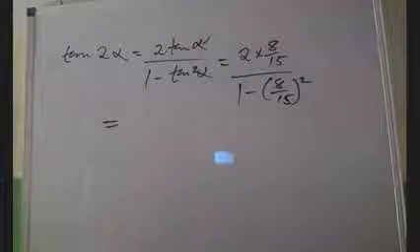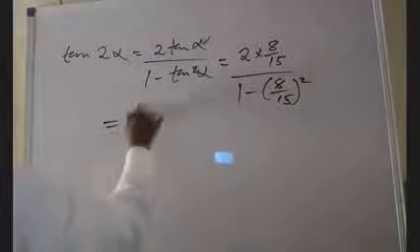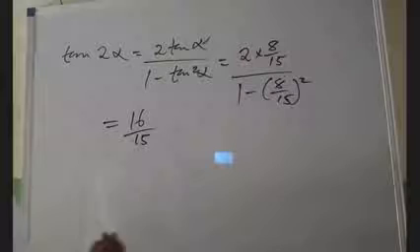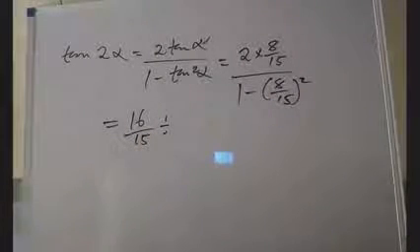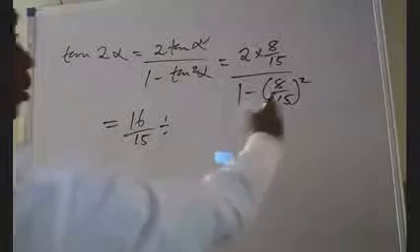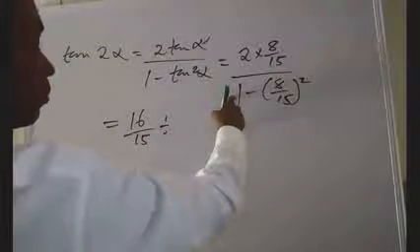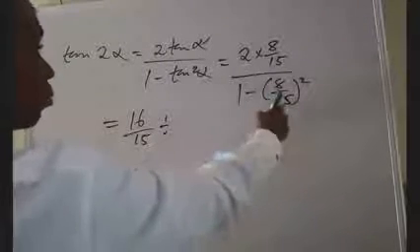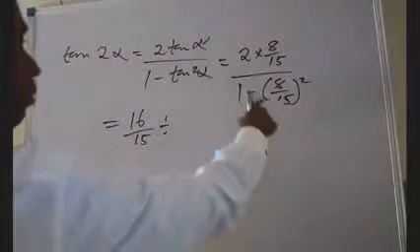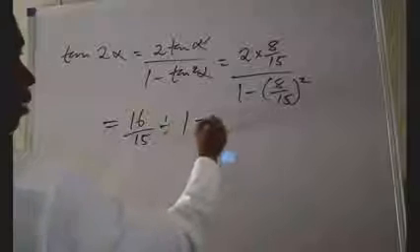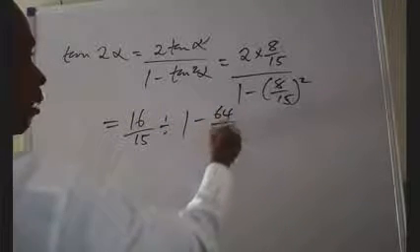If you simplify that, this will give you 16 over 15 divided by 1 minus 64 over 225.